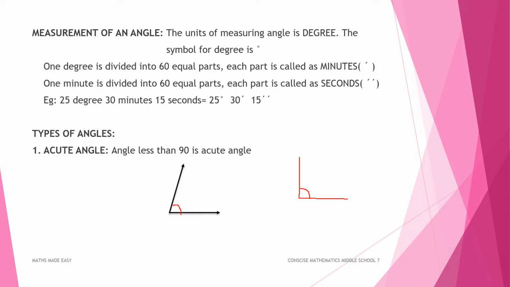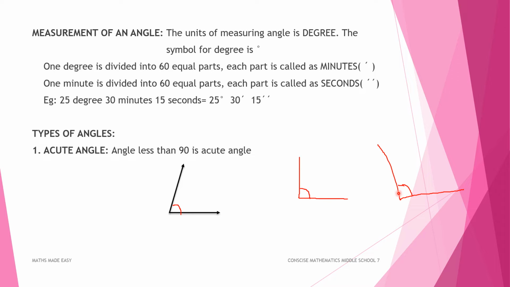Here, what an acute angle is, the angle should be less. If you draw a line over here, in this the angle is more than 90. When you bend towards this side, the angle increases. This side, the angle decreases. So this one is exactly straight. If it is exactly straight, then it is 90 degree.